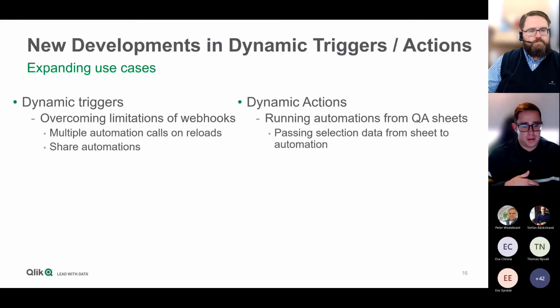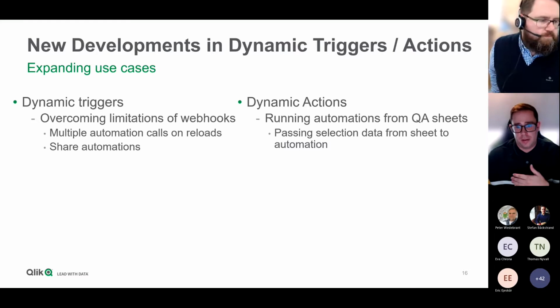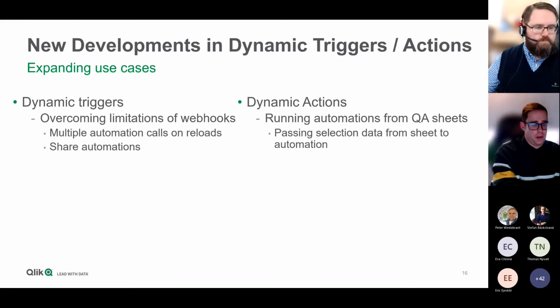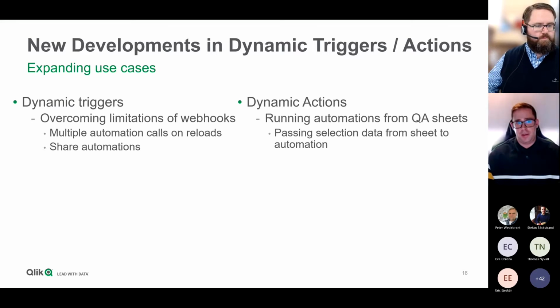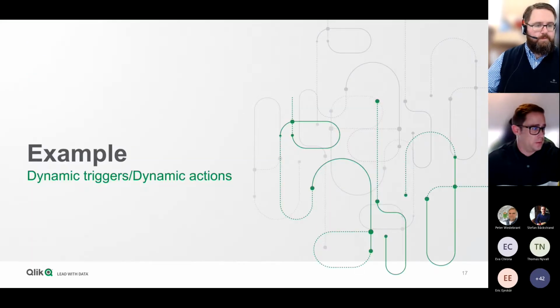And so this is coming back again to the dynamic actions, the dynamic triggers that we have. And also we would like to see how to pass information from the sheet into an automation without necessarily having to be there to hard code it or build it. So let me give you a brief example of this.